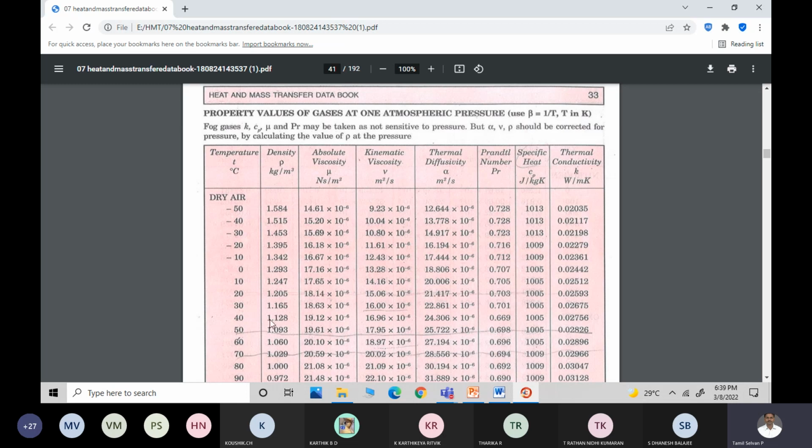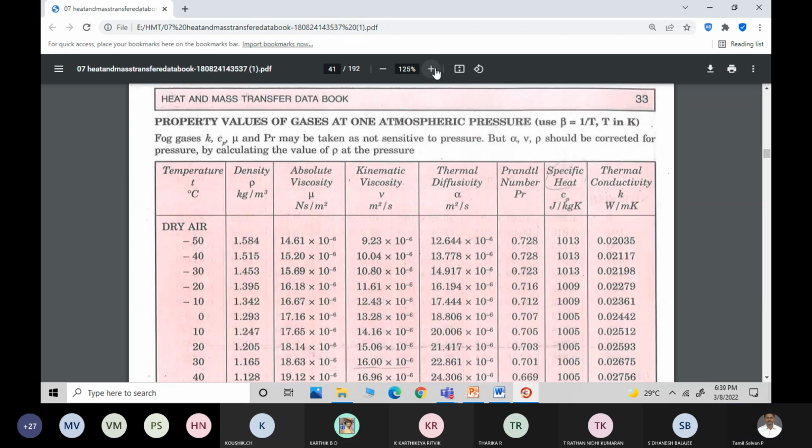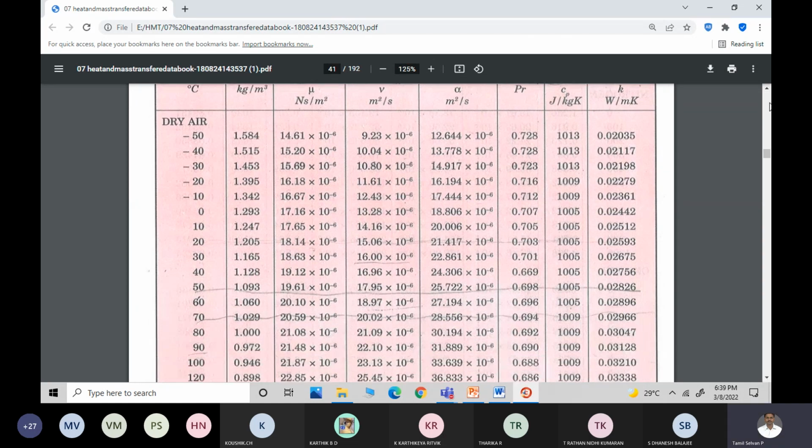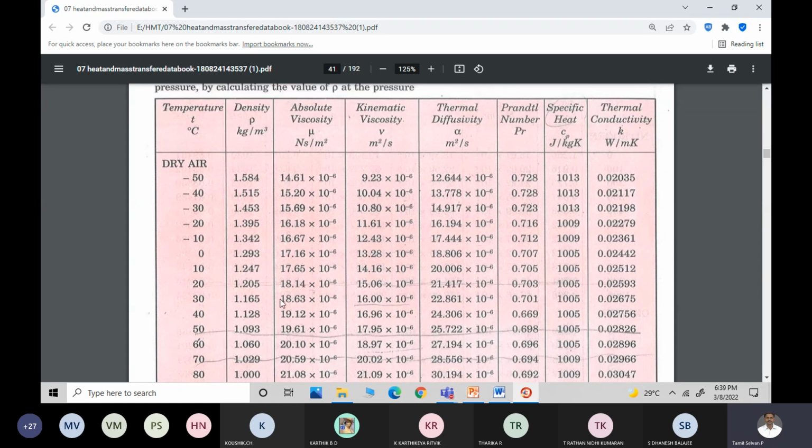Okay, so at 40 degrees C, what is the density? Density is 1.128. Is it visible to you all? So the density at 40 degrees is 1.128 kg per meter cube, and kinematic viscosity nu is 16.96 into 10 power minus 6. Prandtl number is 0.701, and the K value.